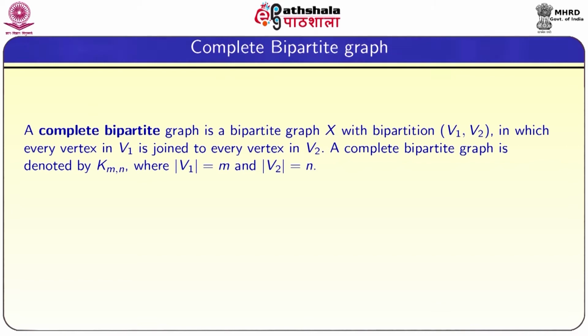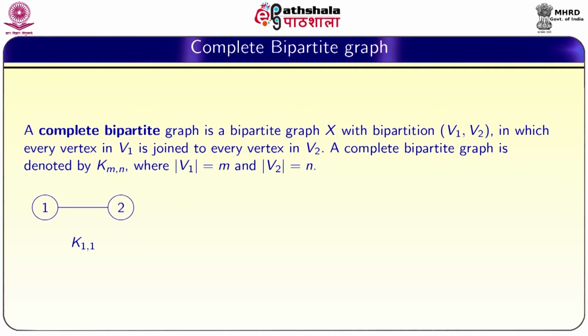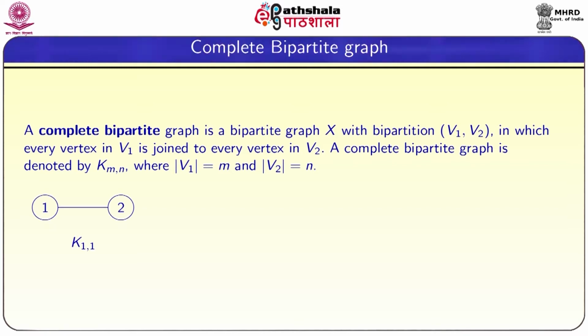The number of edges is interesting. Here we have m into n edges. It is because every vertex in V1 is joined to every vertex in V2. So the number of edges is m into n. So for example, K(1,1) means there are two vertices, V1 contains one vertex and V2 contains one vertex.